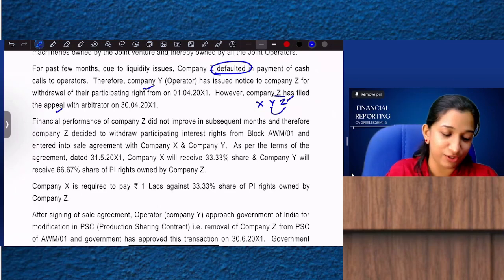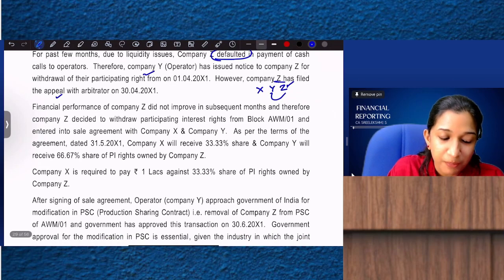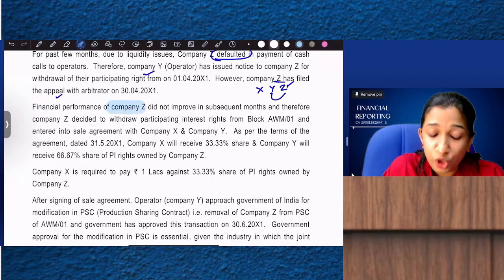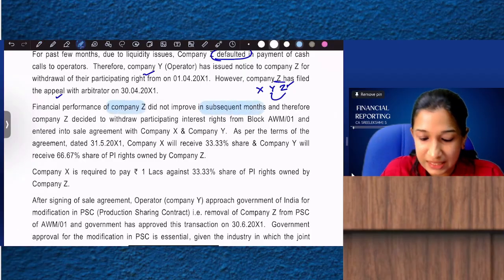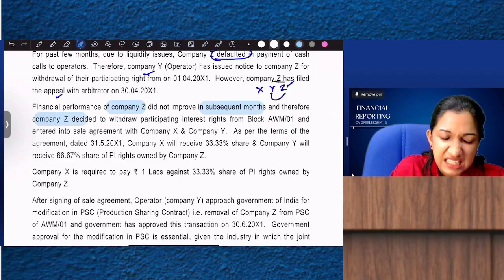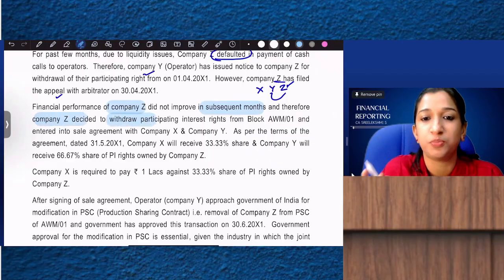Now, the financial performance of company Z did not improve in subsequent months, and therefore company Z decided to withdraw its participating interest.